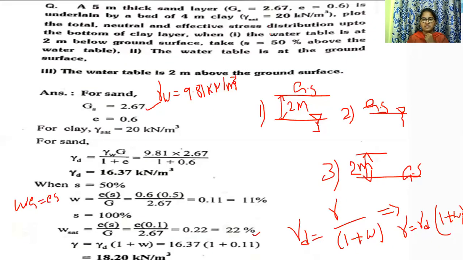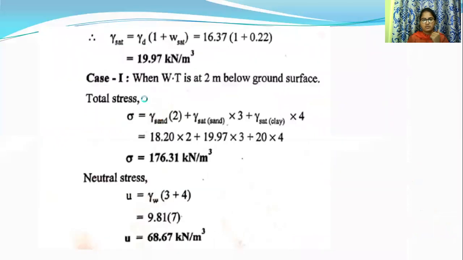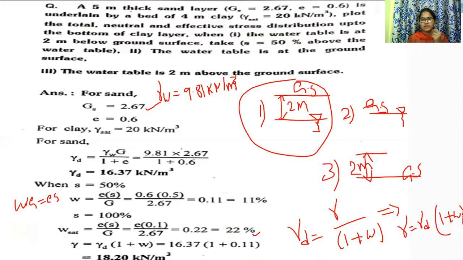So what is the first case? The water table is at 2 meters below the ground surface. The condition is this one. The overall profile has a 5 meter thick sand layer and an underlying bed of 4 meters.